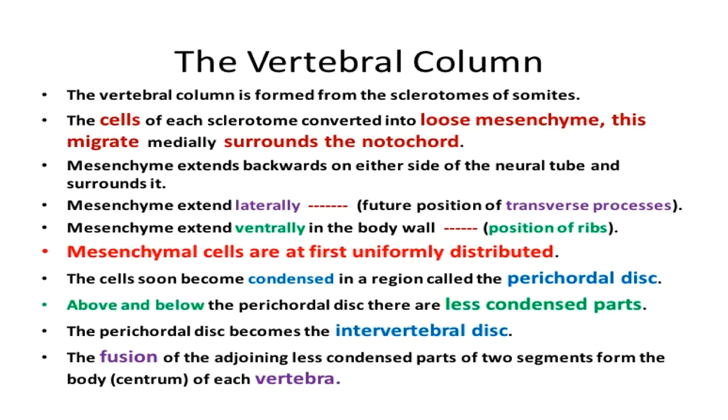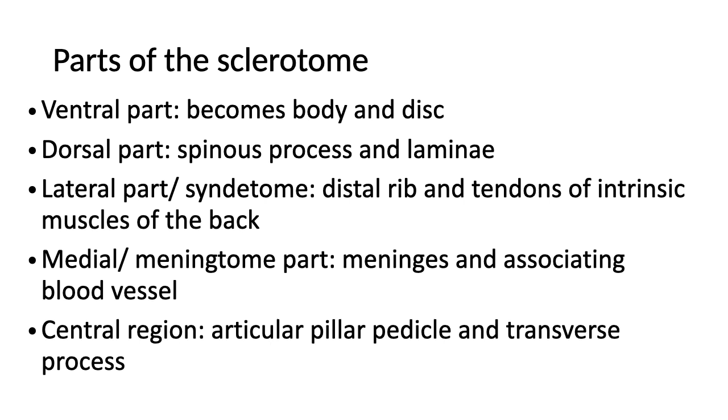So the formation of the vertebral bones, just like we've talked about, you have migration, and then they move and differentiate. And don't forget that they also form the intervertebral disc, except the nucleus pulposus of the disc. So of the sclerotome, the ventral part becomes the body and the disc of the intervertebral disc.